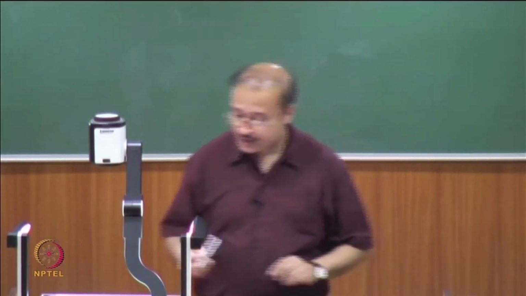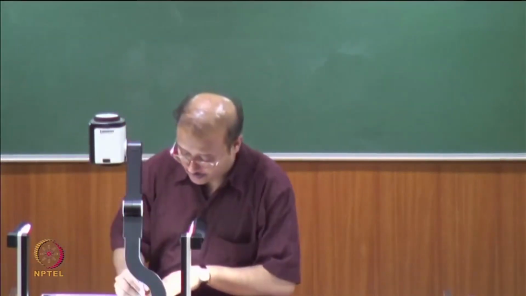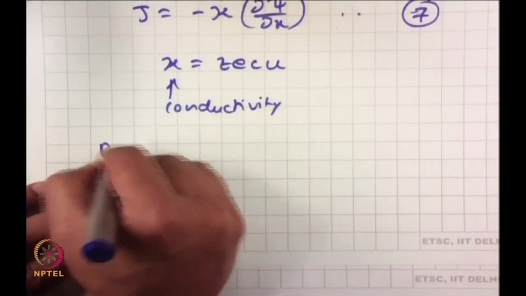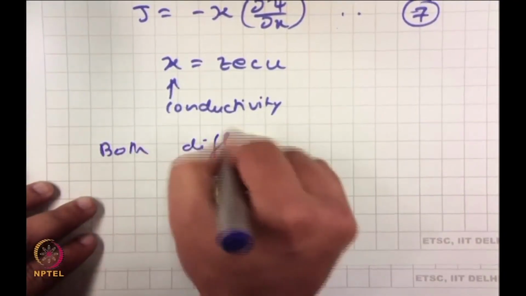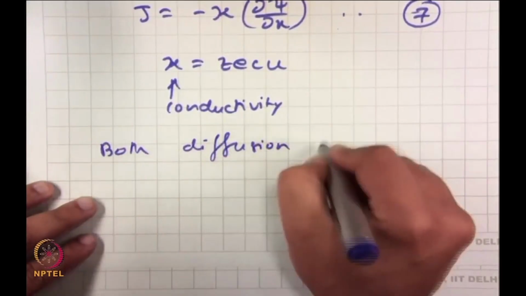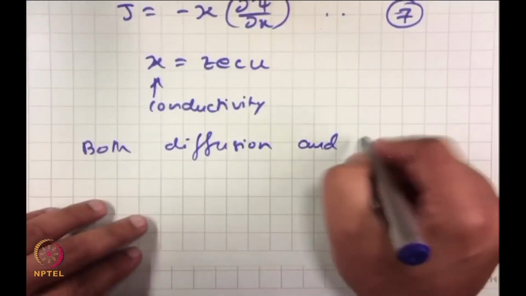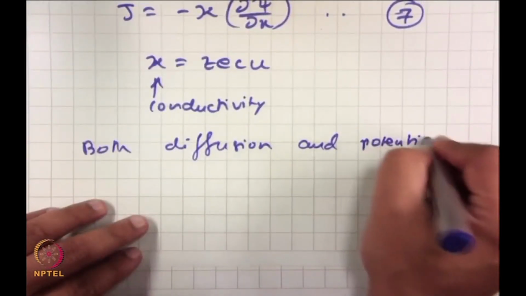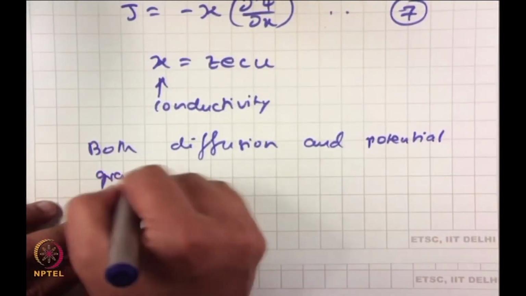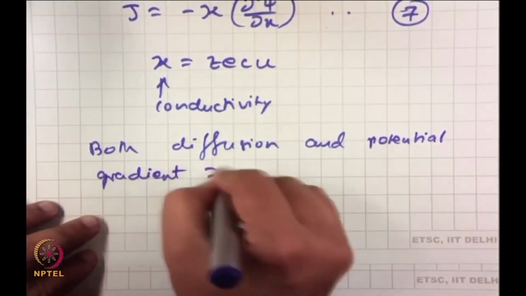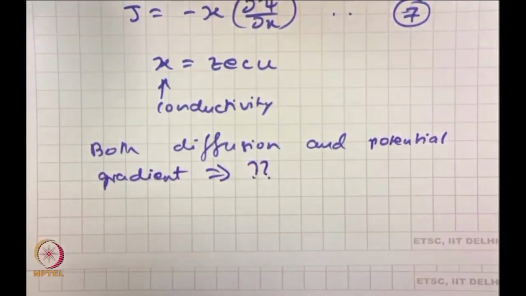Now, what happens when you have both diffusion and potential gradient? What happens if we have both diffusion and potential gradient, and how can we modify our equation? Diffusion of any molecule is based on concentration gradient.